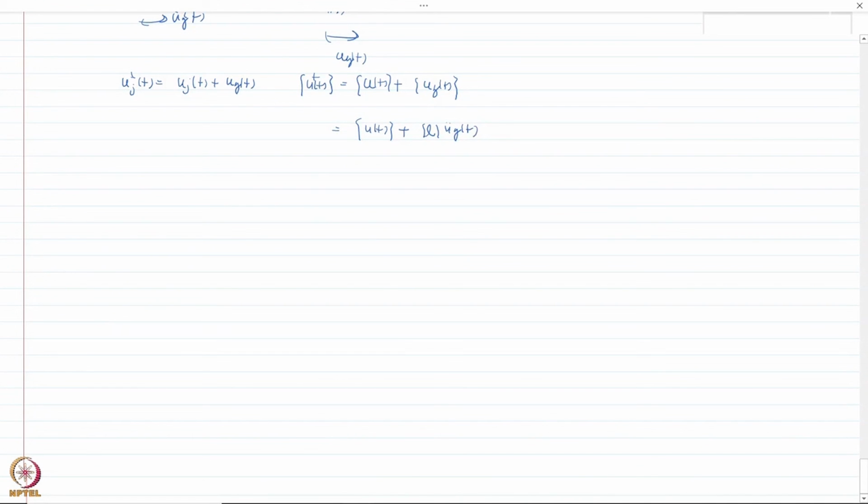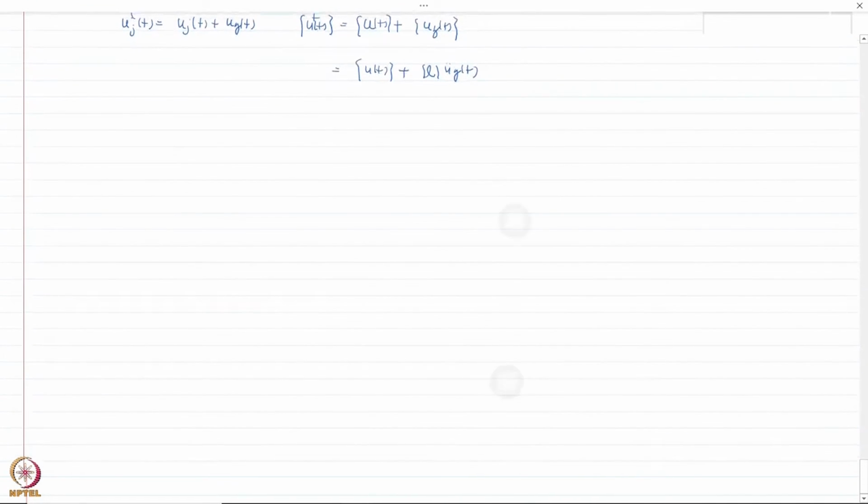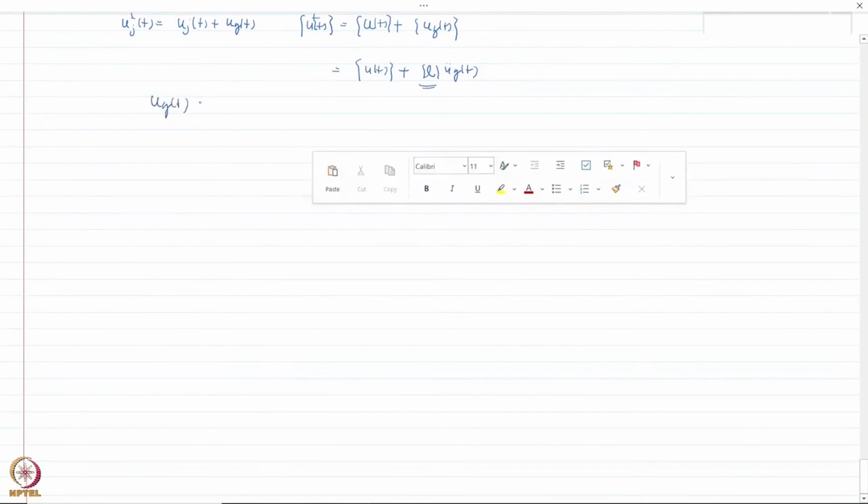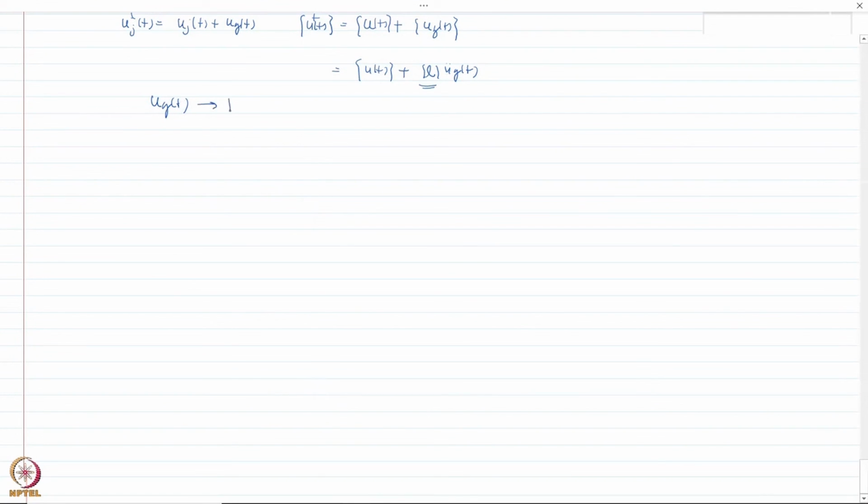Now, what do we do to find out this influence vector? We apply a unit ground displacement in whichever direction the ground excitation is applied. So you apply a unit value of the ground displacement, and then you look at what happens to the displacement along each degree of freedom.